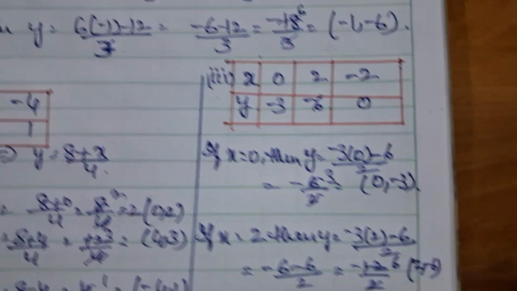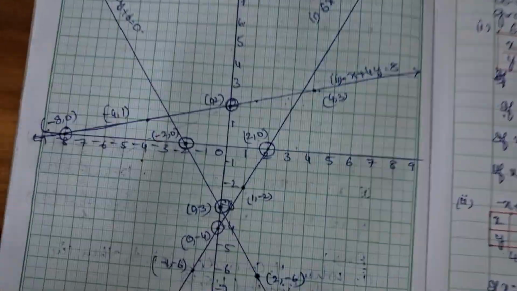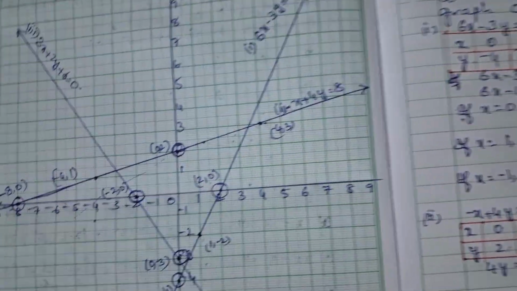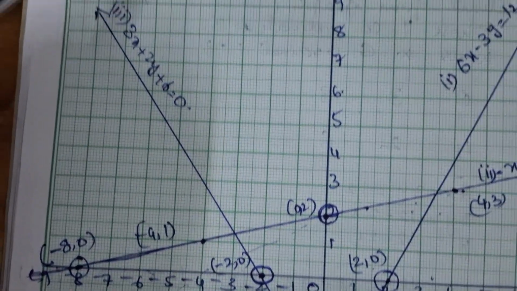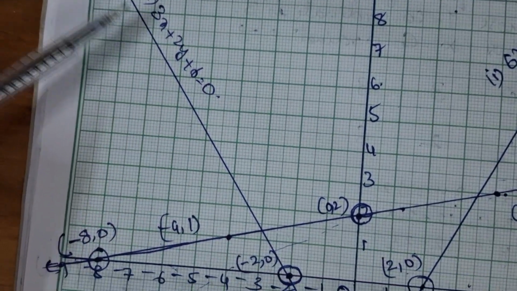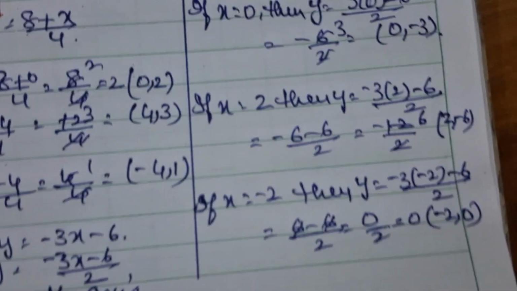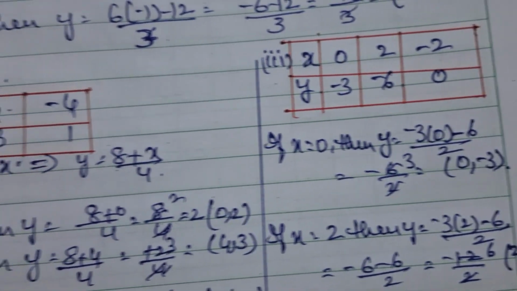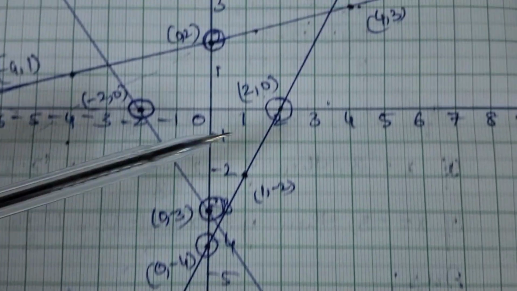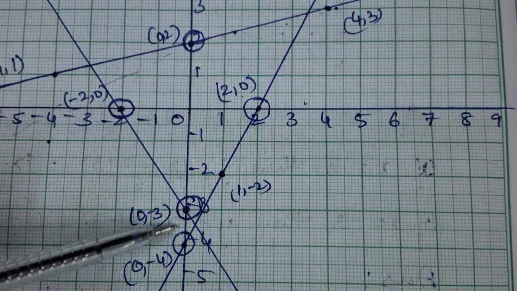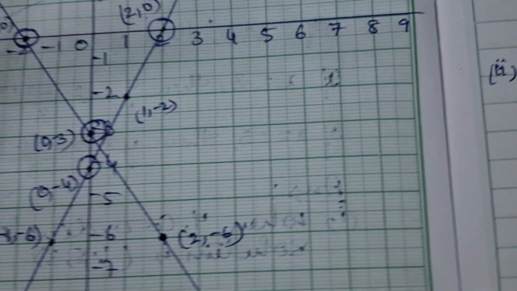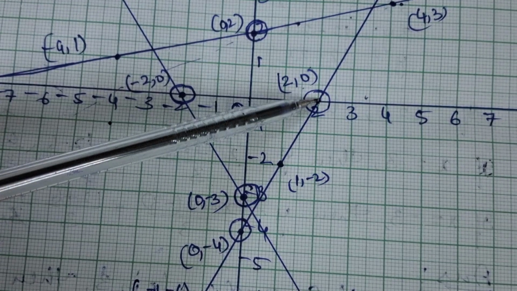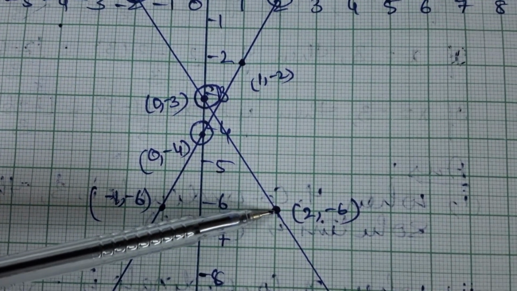So these points I have kept here. See, this is the third equation. The third equation line is this, children. In the third equation, what you have got? 0 comma minus 3, so 0 comma minus 3 is this point. And the next one is 2 comma minus 6, so this is 2 and minus 6 is this.